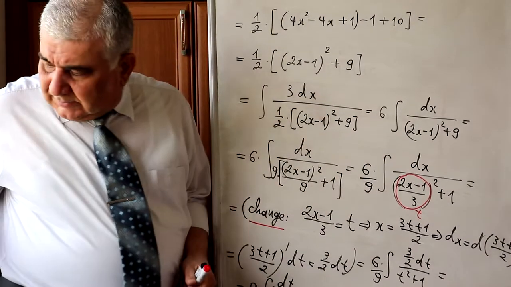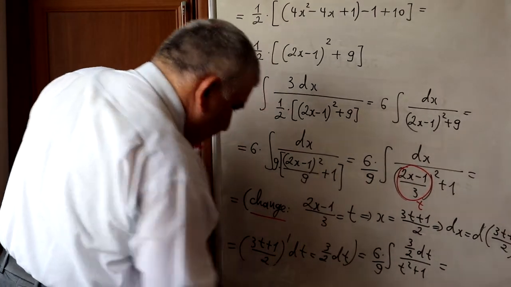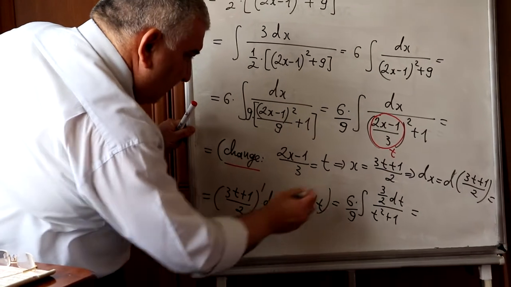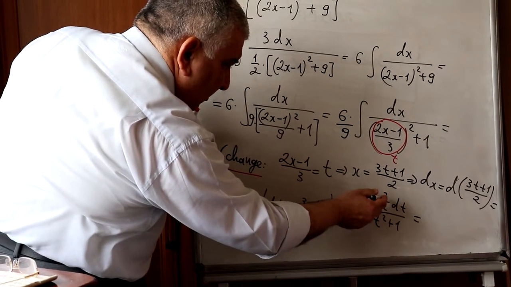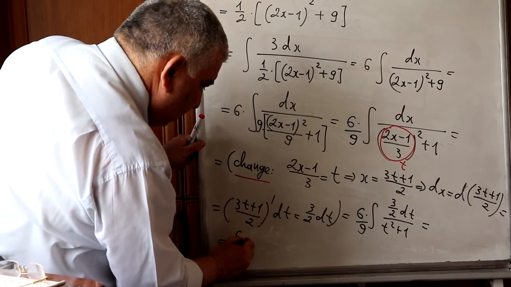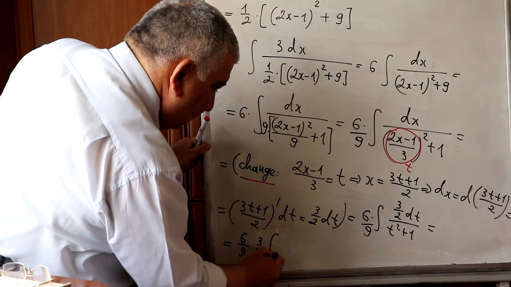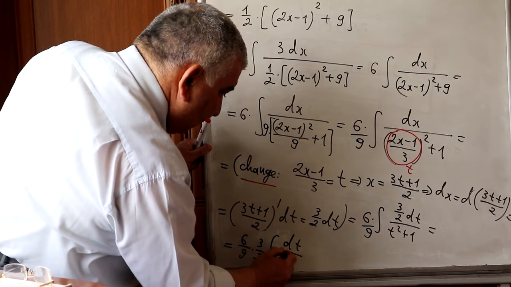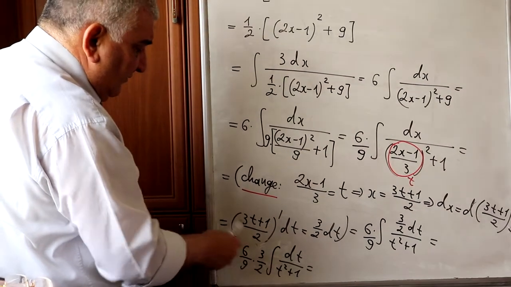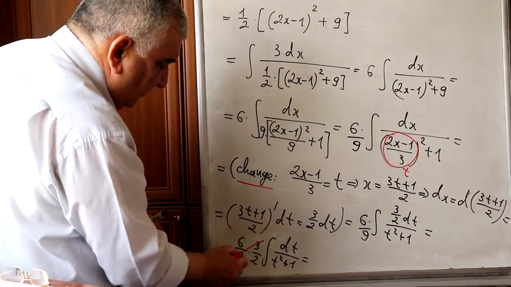Equals. Then we can take also 3/2 out of the integral symbol. 6 ninths multiplied by 3/2 integral dt over t squared plus 1 equals. Here we can simplify the expression.